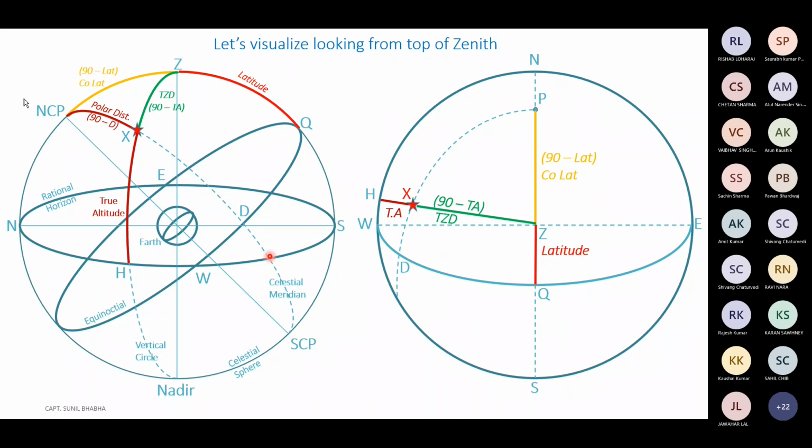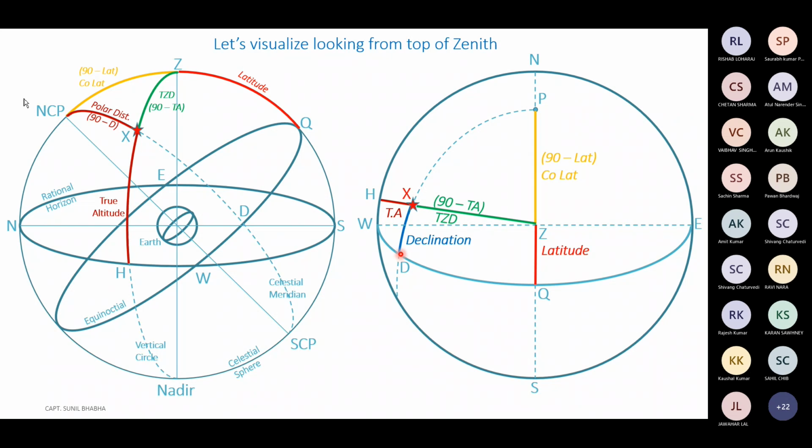Now let's mark off on this celestial meridian. From the equinoctial up to the body, D to X, basically represents the declination of the body. How much north or how much south of the equinoctial a particular body is, is its declination.